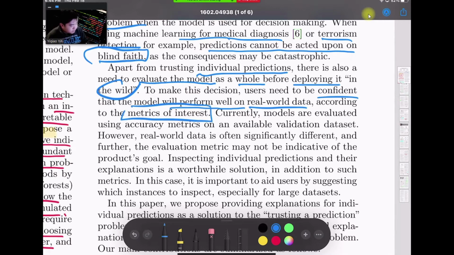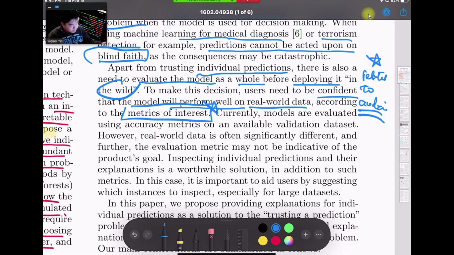Okay, so if you say this metrics of interest has some sort of audience component in it, then I think that's a connection we can make. I don't know if this paper is going in that direction, but I do believe this metrics of interest is related to audience. So here we're going to write "related to audience" and put it here.